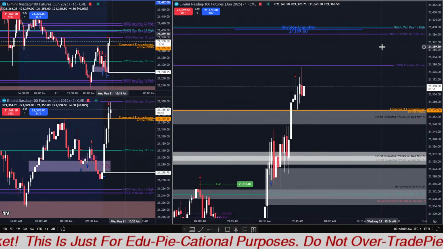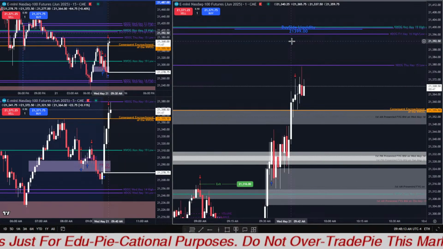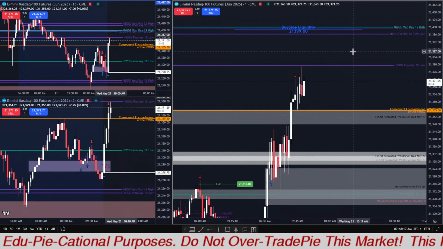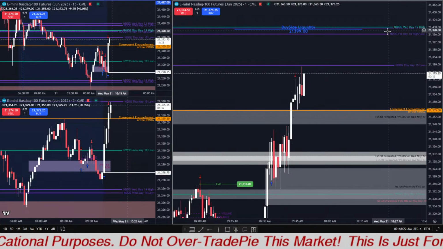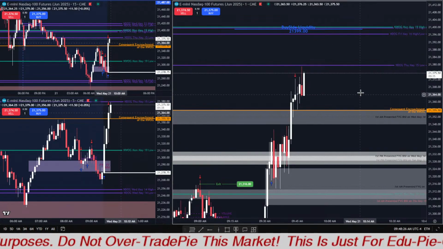So this is a very important area for the market and price to try to reach, because of the confluence of these important levels, new week opening gaps and new day opening gaps.